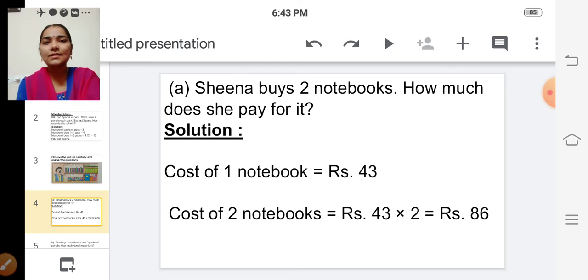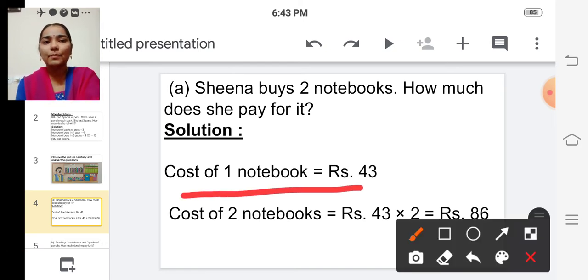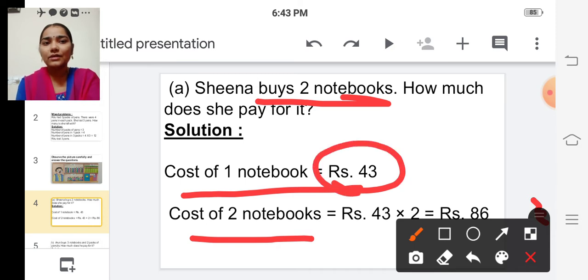See the solution. Cost of one notebook is rupees 43. And we have to find out the cost of 2 notebooks. So cost of 2 notebooks is equal to, we are going to multiply this 43 into 2.